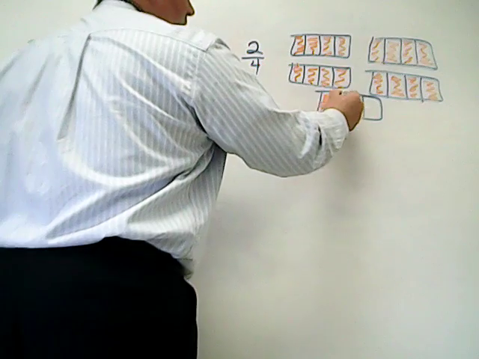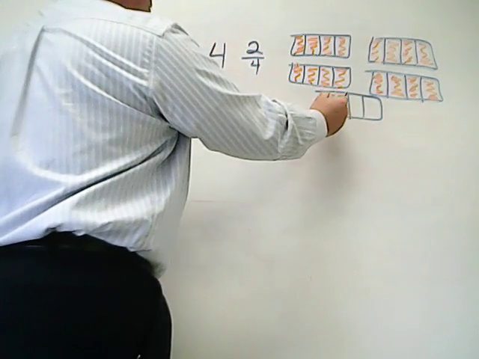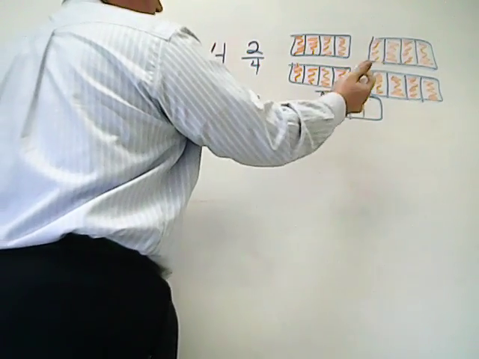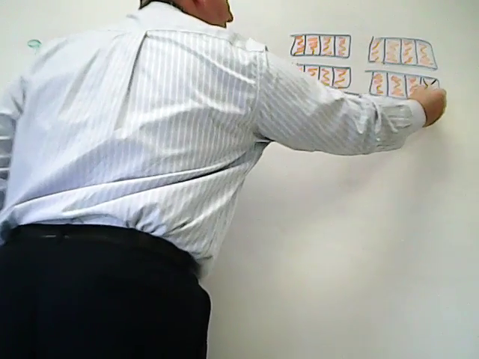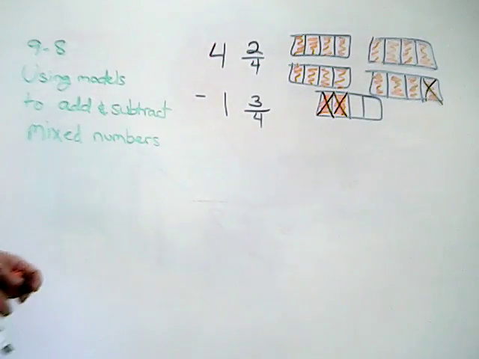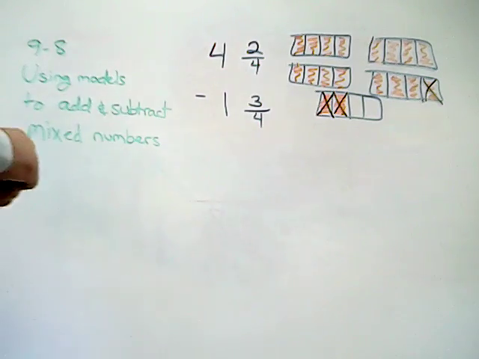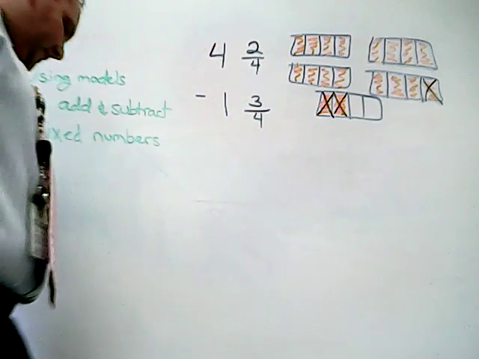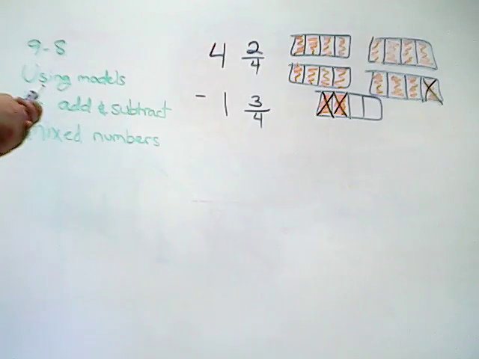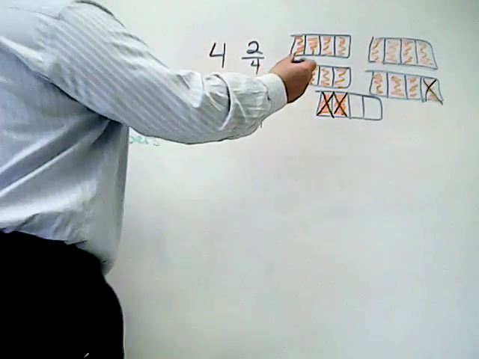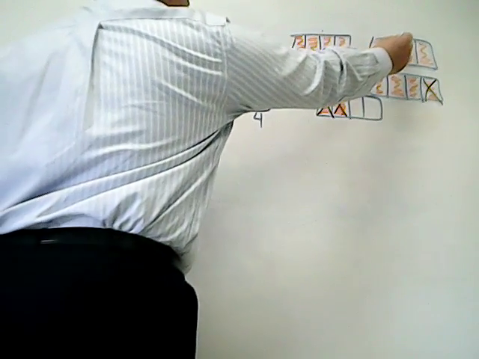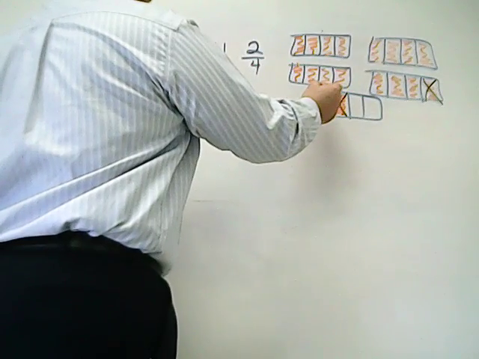I'm going to take away 1/4, 2/4, and 3/4. Pretty simple. So now, I kind of changed how many wholes I had here. Instead of having 4 wholes left, I have 1, 2, 3.